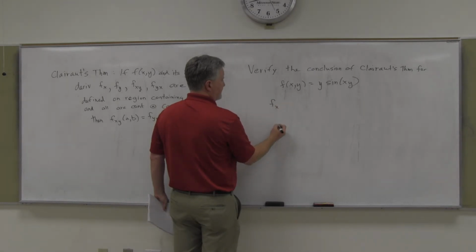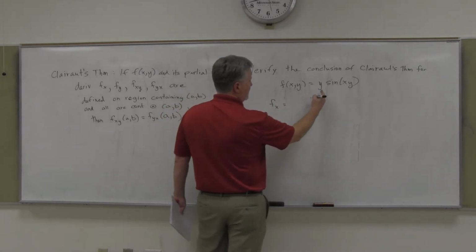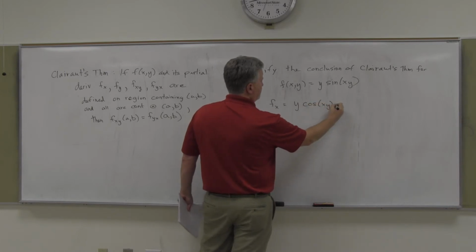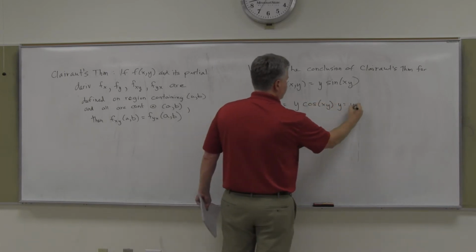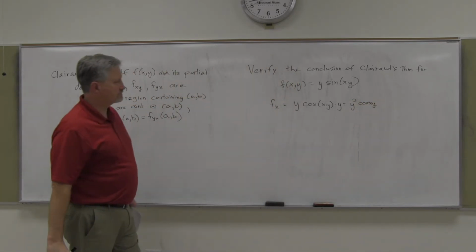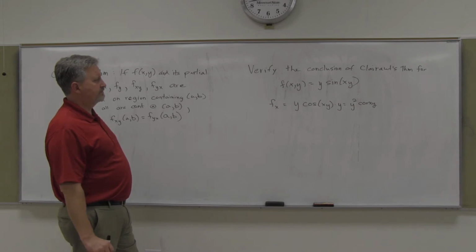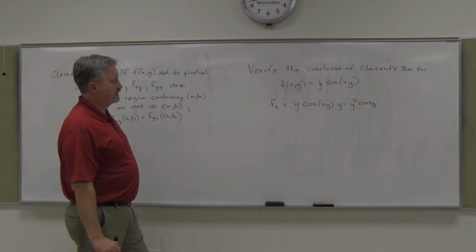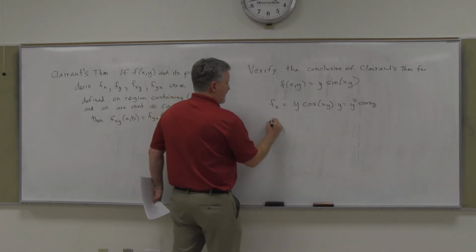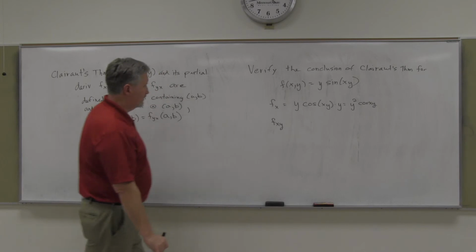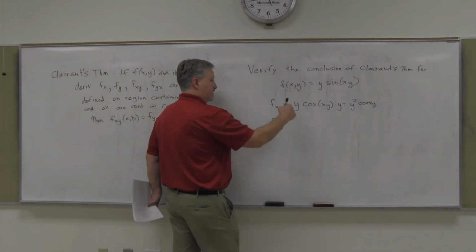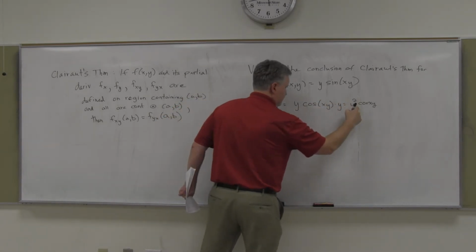So we start with the partial with respect to x. What would it be? y cosine xy times another y, which is y squared cosine xy. With me there? Believe that? Little chain rule for that one. Is that okay? Now, in the conclusion of Clairaut's theorem, we do f_xy. So now we take this one and do the partial with respect to y.